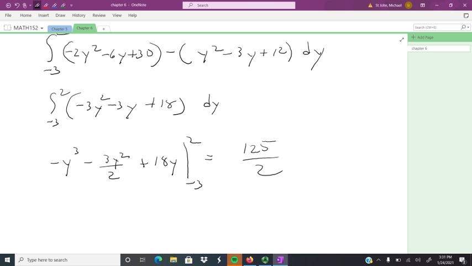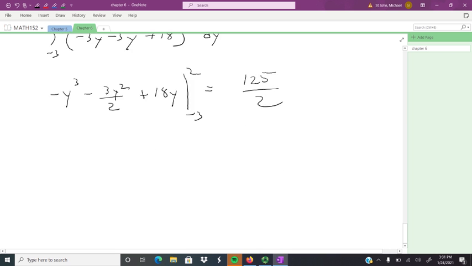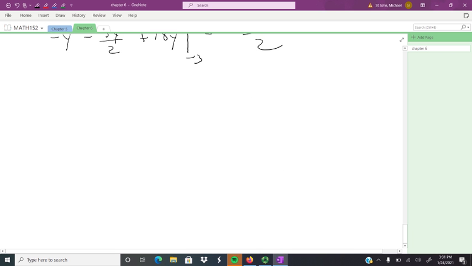So we found the combined area between the two curves, and so the next section deals with finding volume. And so the chapter deals with several different methods of doing this. So volume by slicing. So you get V equals the integral from a to b of A of x dx.